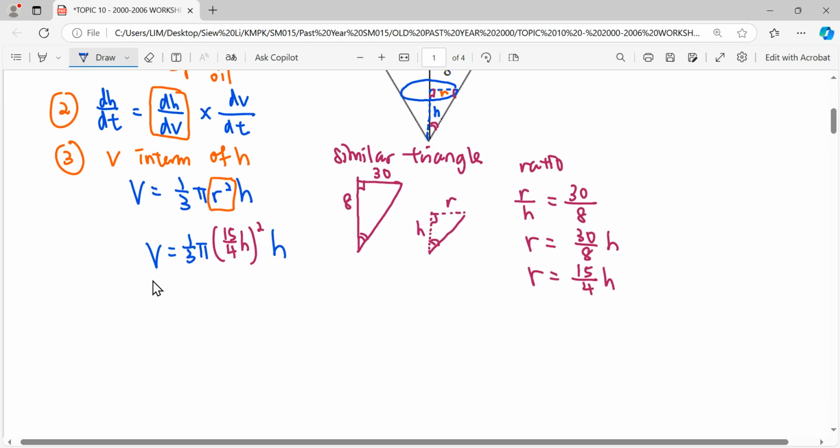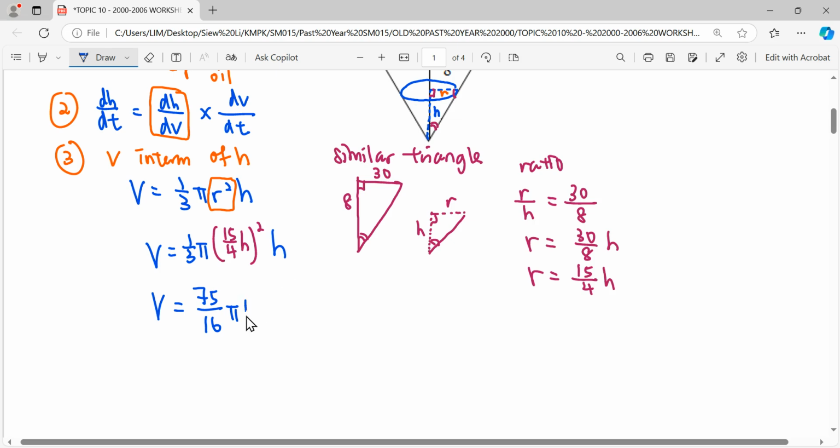Next we're going to expand this, where 15/4 squared times 1/3. We take out the coefficient first, and we get 75/16 pi.